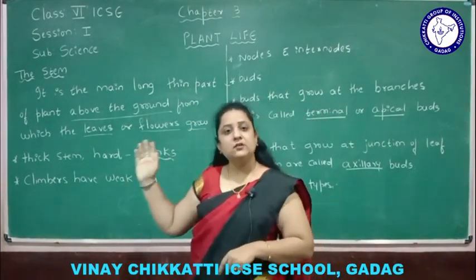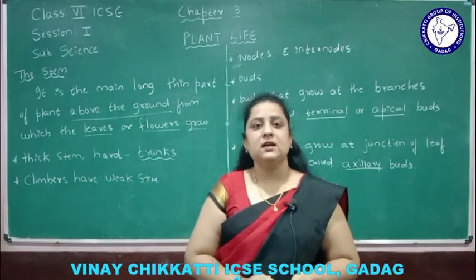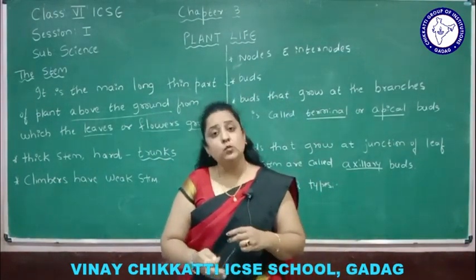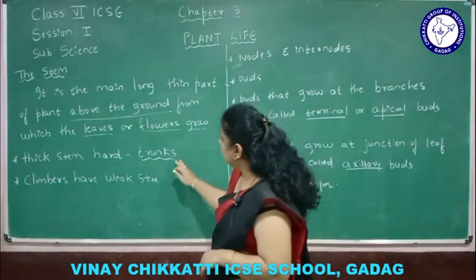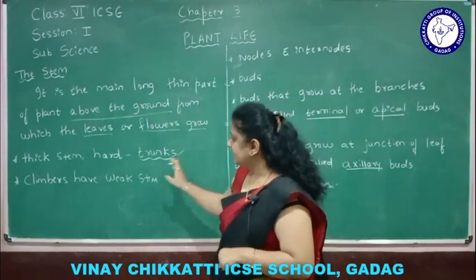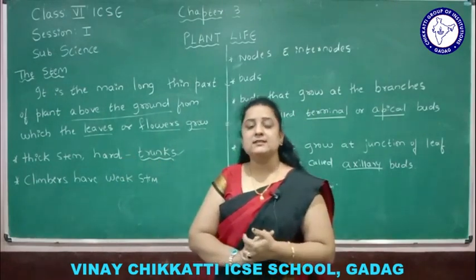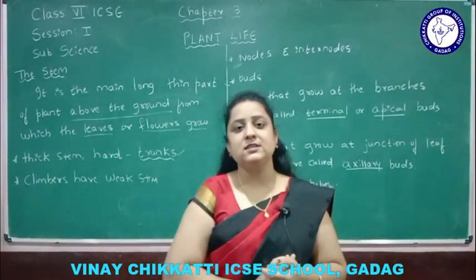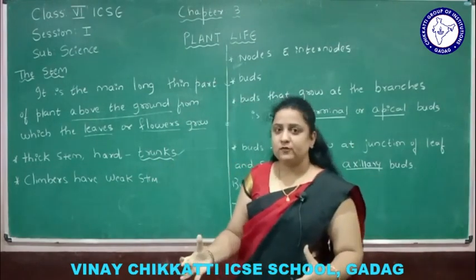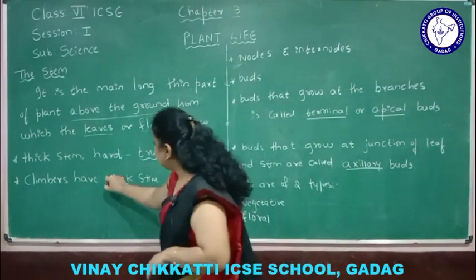There are some different types of stem. Some stems are thick, some are weak, some are thin, some are woody also. The hard stem is called trunk. And there are some plants called climbers. For example, you have seen beautiful climbers like money plant hanging from the top of the roof. They have weak stems.